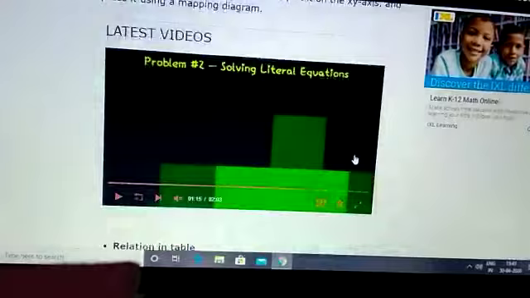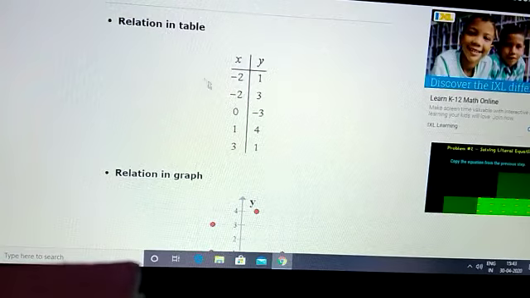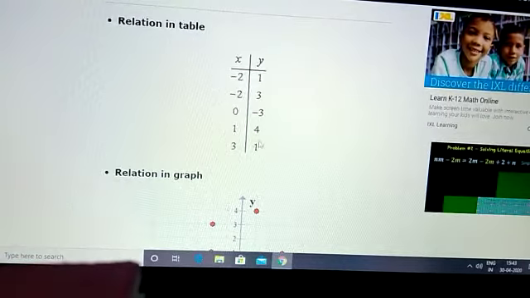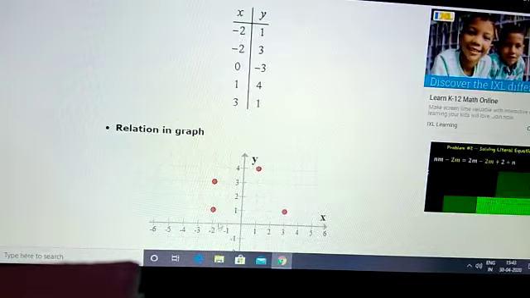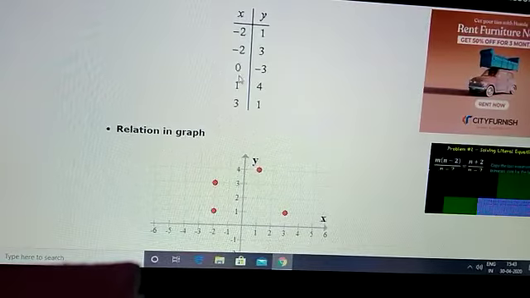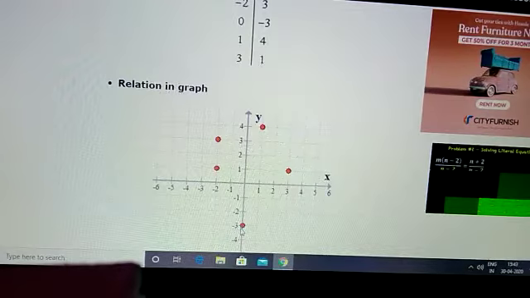So we have a set of 5 relations: 1, 2, 3, 4, 5. We need to move ahead. This can be represented in a table also: (-2, 1), (-2, 3), (0, -3), (1, 4), (3, 1). Similarly, we can represent it in a graph also. So -2, 1 is this point, then -2, 3, then 0, -3, where 0 and -3 means go down.